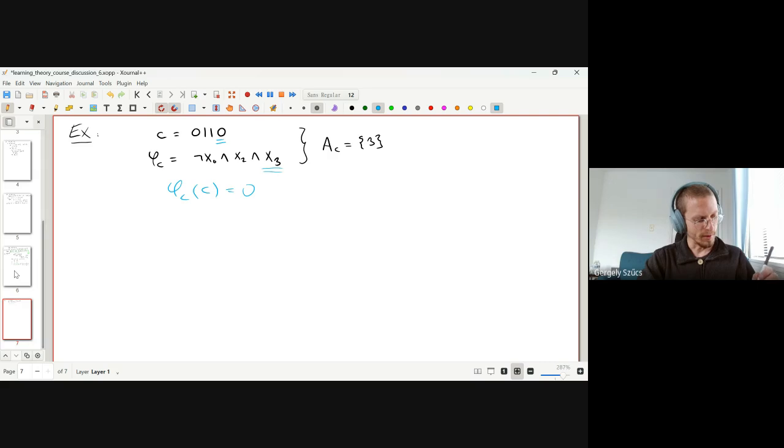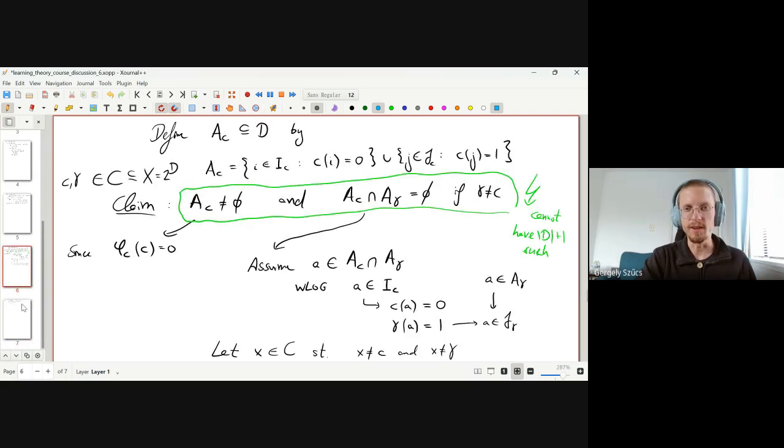Okay, so maybe, are there any other questions about this? Yeah, I think most people who got a solution used some form of pigeonhole principle like this.